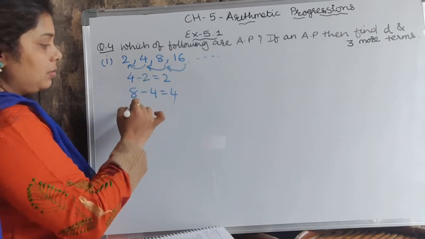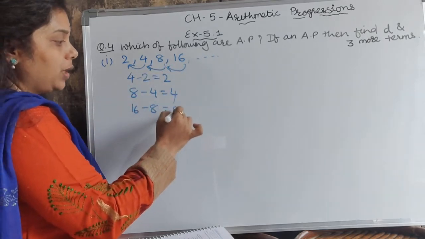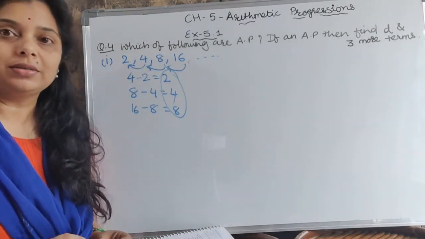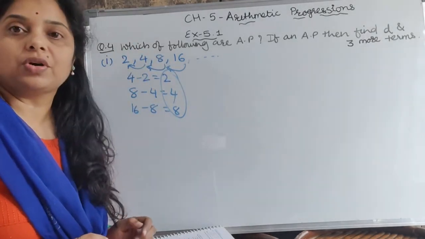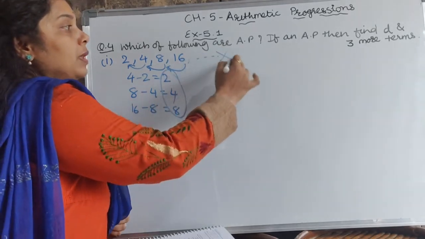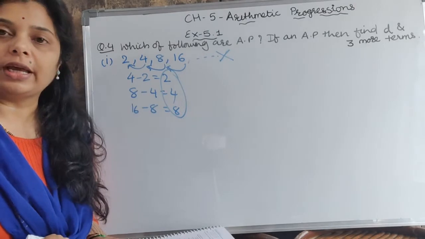And 16 minus 8 is equal to 8. The common differences are not the same for the given list of numbers. And therefore we can say that the given list of numbers is not an AP.